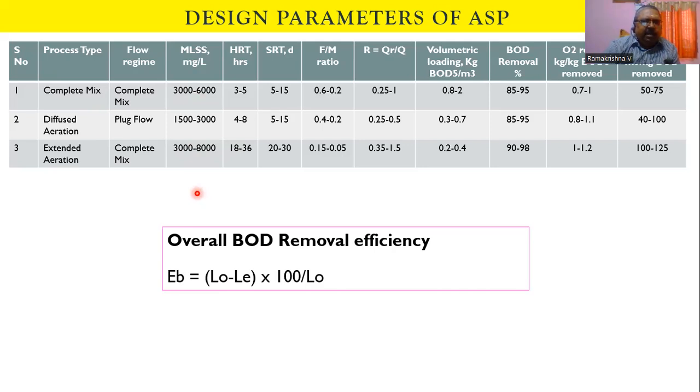But in reality, MLVSS represents the organic fraction of MLSS, which is undergoing biological decomposition. So it is always better to take the value of MLVSS rather than MLSS. All the terms are the same, and those things will be understood when a couple of numericals are considered for the design of these activated sludge processes.